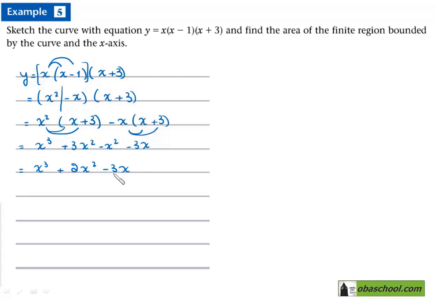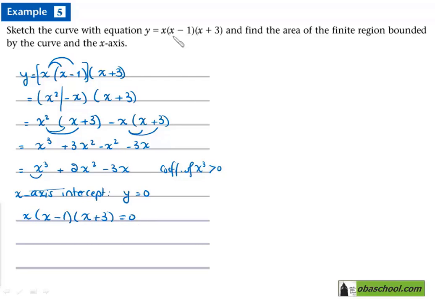When we have a cubic function, it is important to pay attention to the coefficient of the x cubed. So the coefficient of x cubed is greater than 0. Now we define the main points which will allow us to sketch properly by finding the x-axis intercept. So we set y to 0: x into x minus 1 into x plus 3 is equal to 0.